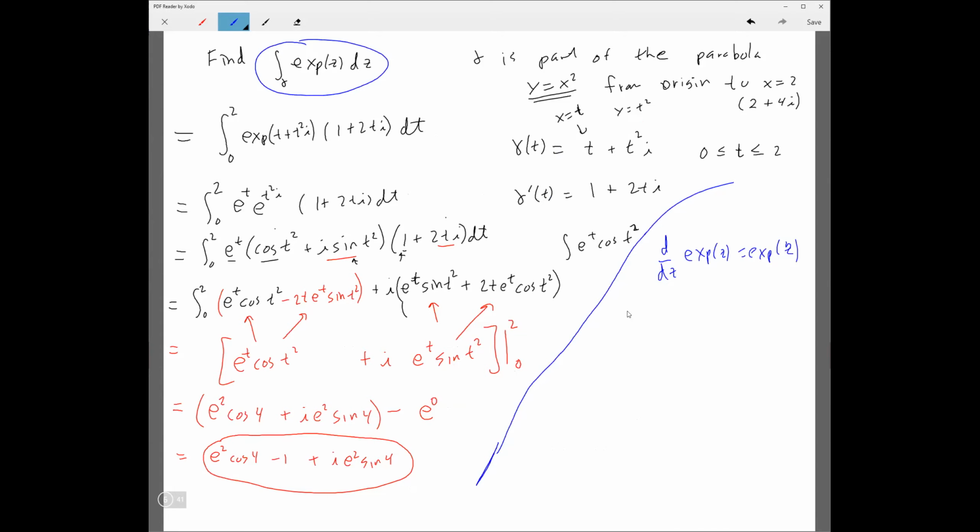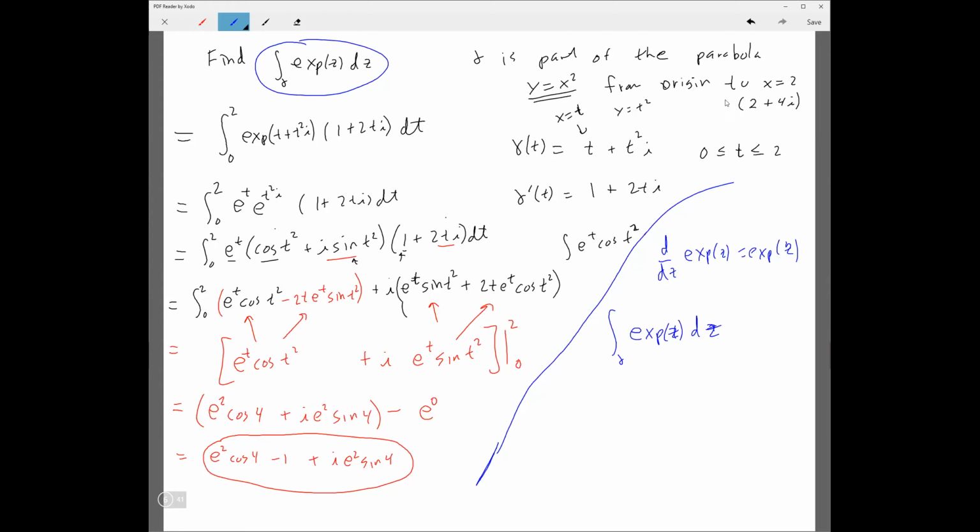So that means along this path, and also we know that the exponential of z is an entire function, so it's holomorphic everywhere. So it has an antiderivative everywhere. Which is important to realize here.